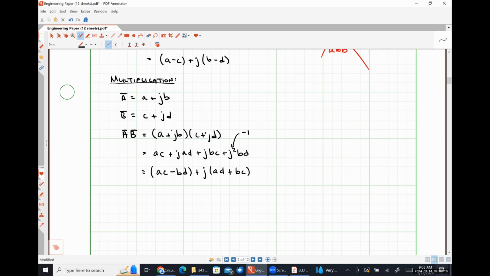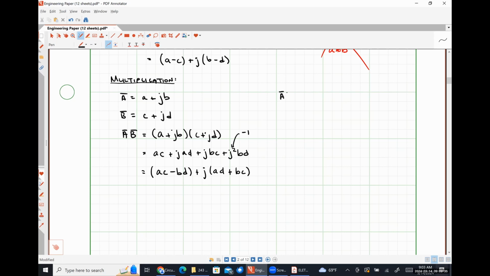Now, this is a little tedious. So instead, let's investigate what would happen if we used exponential form or polar form complex numbers. We actually did this a few minutes ago when we multiplied A by A conjugate.